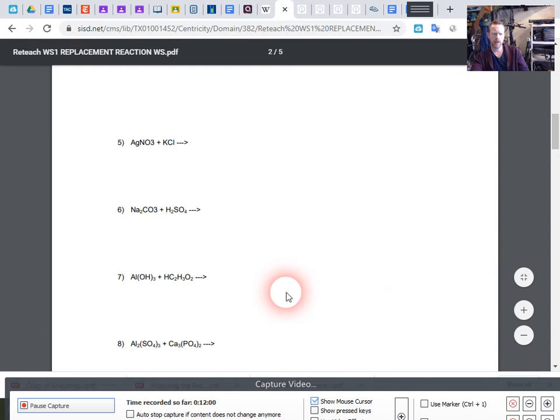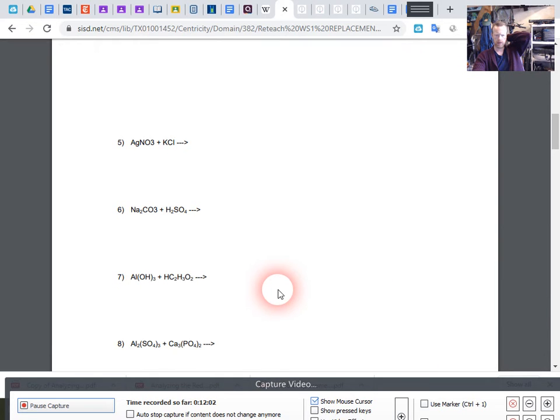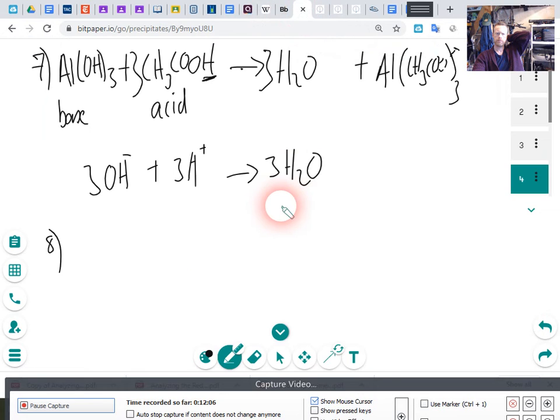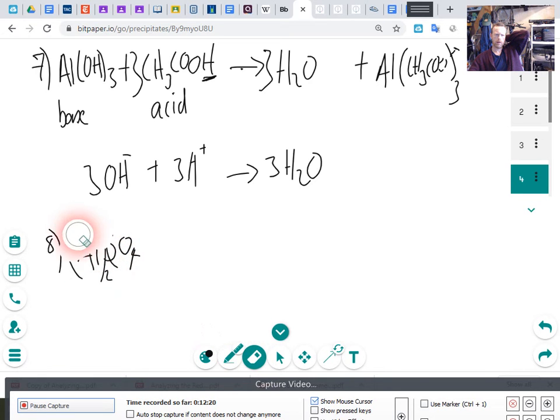Aluminum sulfate and calcium phosphate. So aluminum sulfate, was it? Oh, okay, so that's 2. Oh no, let me do that again.